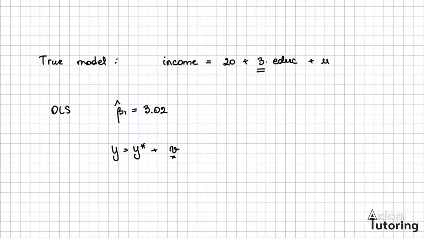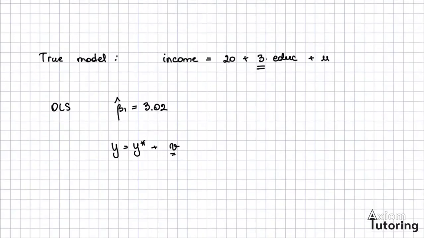So let's say that we run the regression using the noisy data, and we have a beta 1 hat that now gives us 2.98. Did the slope change dramatically? Not really. It moved from 3.02 to 2.98. The difference seems to be quite trivial.